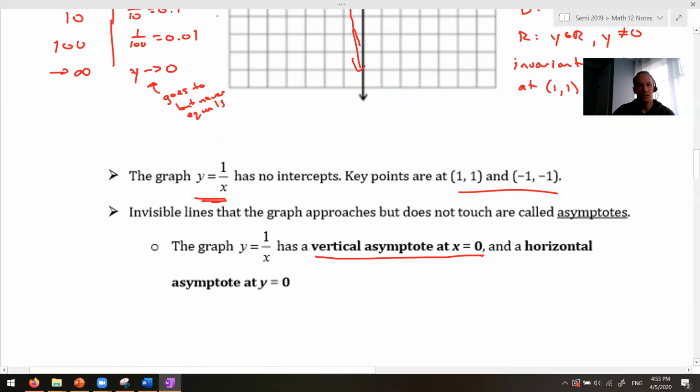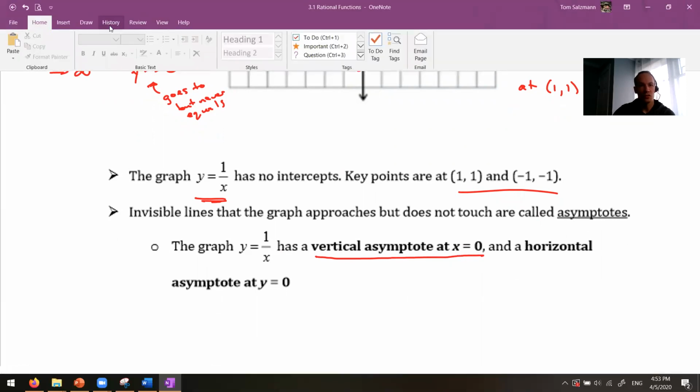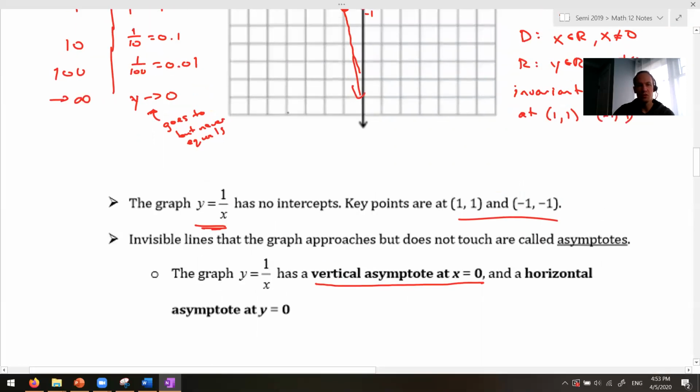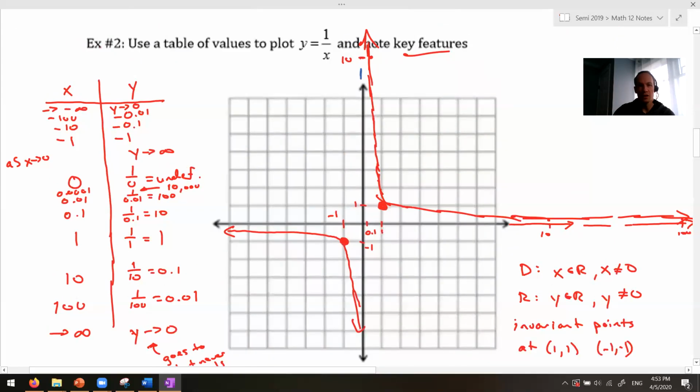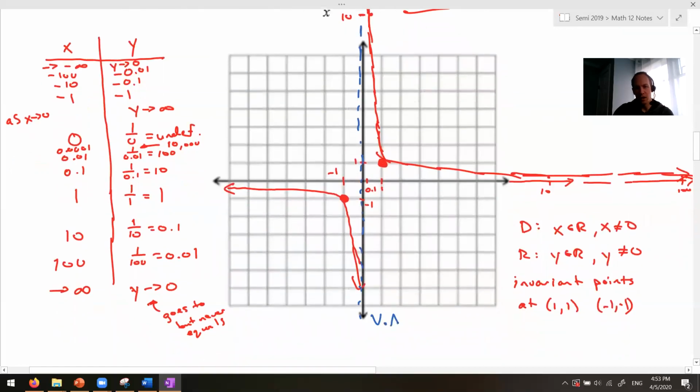So what that means is up on my graph, I could actually draw, and you won't always do this necessarily, but you can, a vertical line just going like this along the y-axis. And I could say there's a vertical asymptote, VA, at x equals 0.